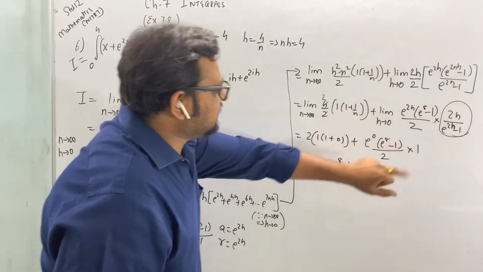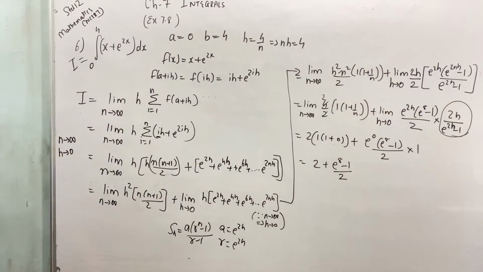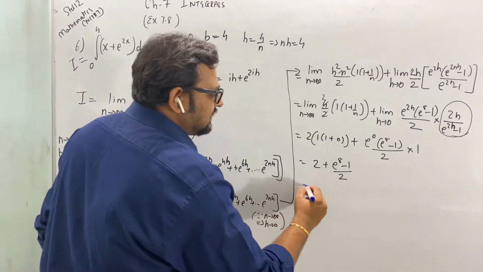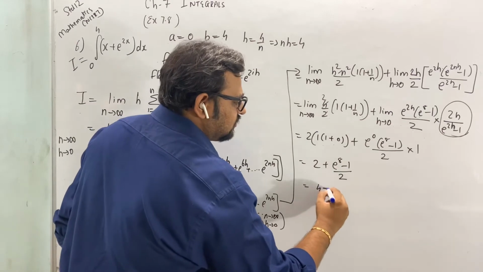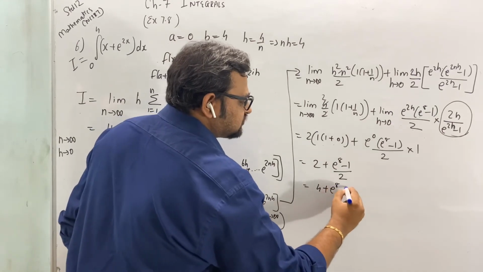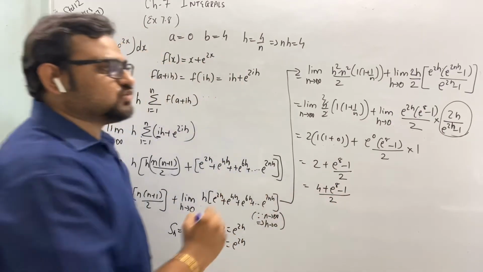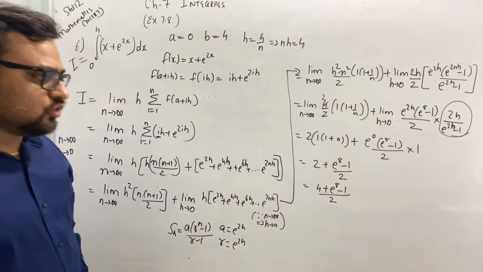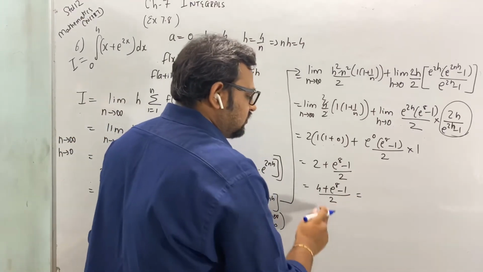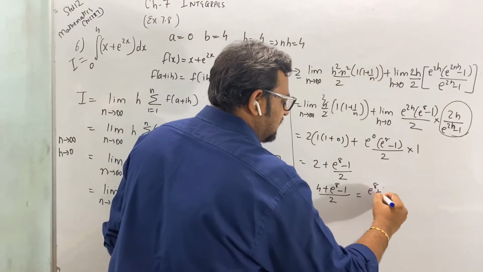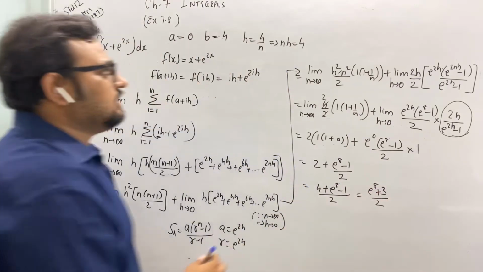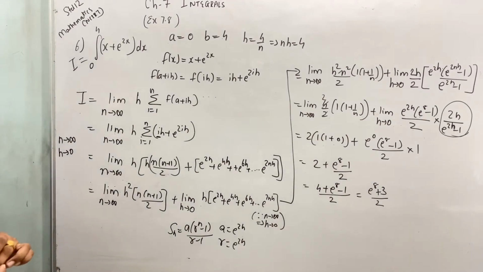So only remaining is e raised to 8 minus 1 upon 2. Clear? So now taking LCM, 2 to the 4 plus e raised to 8 minus 1 upon 2. So this will be equal to e raised to 8 plus 3 by 2.